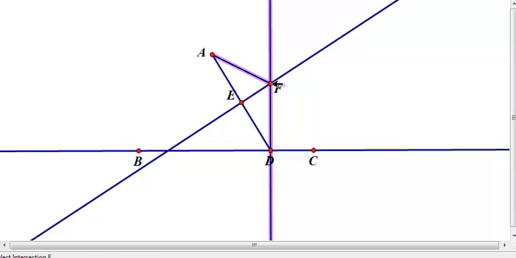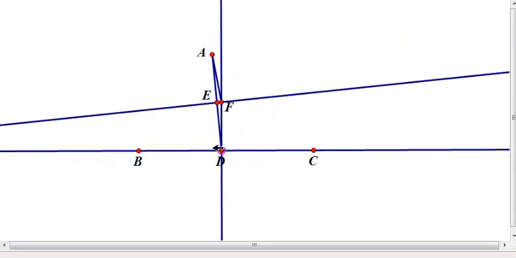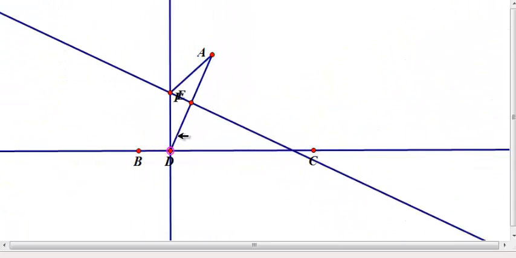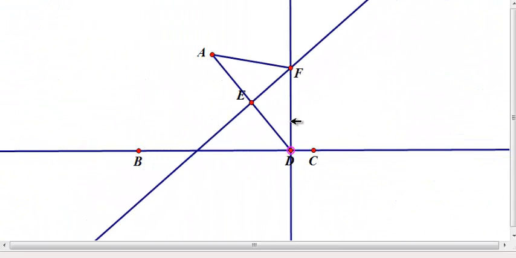Therefore, the locus of F, under the condition that D drags on the line BC, this F traces the parabola, because FA, that is the distance from the focus, is equal to the distance from the directrix.